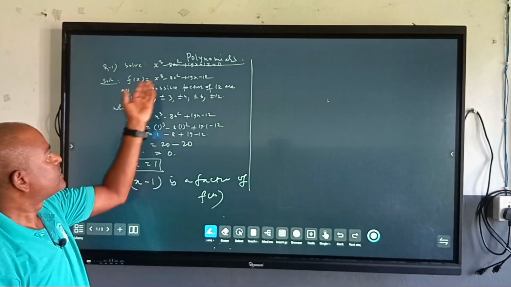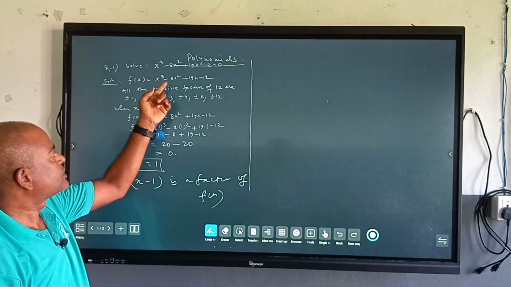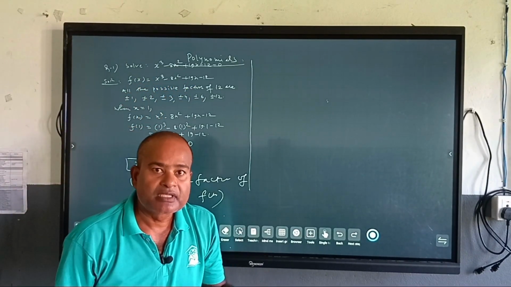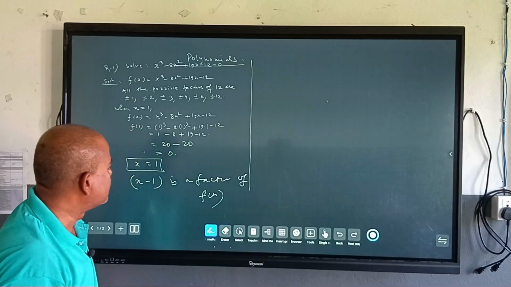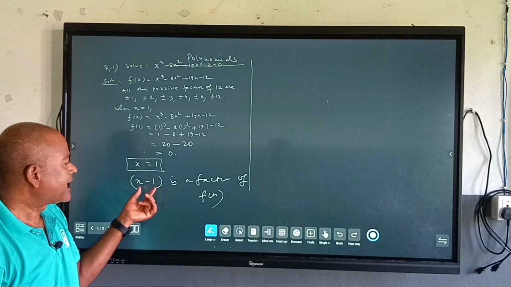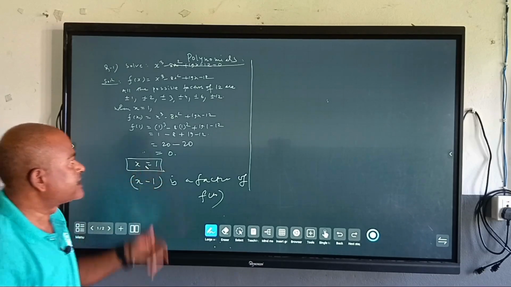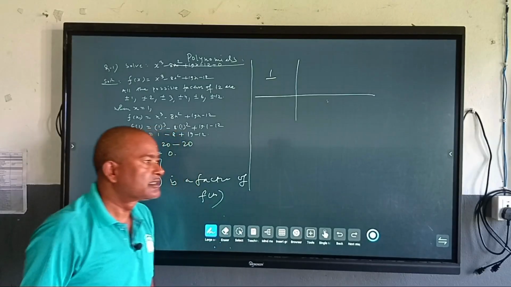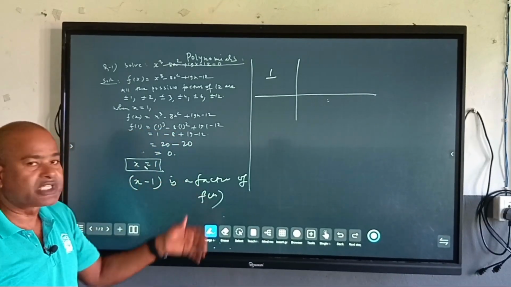Dear students, now we are going to divide the polynomial x³ minus 8x² plus 19x minus 12 by using the synthetic method of division. So we are going to divide it by the factor x minus 1. So the value of x is 1. According to the synthetic division method, already we know x minus 1 is a factor.